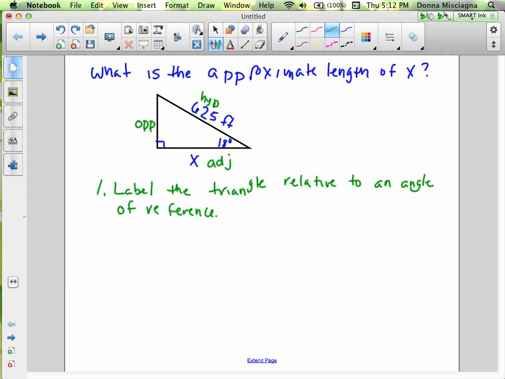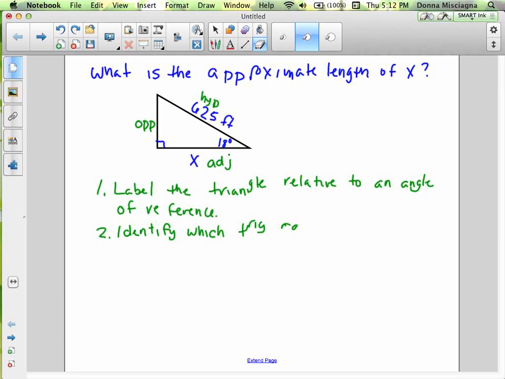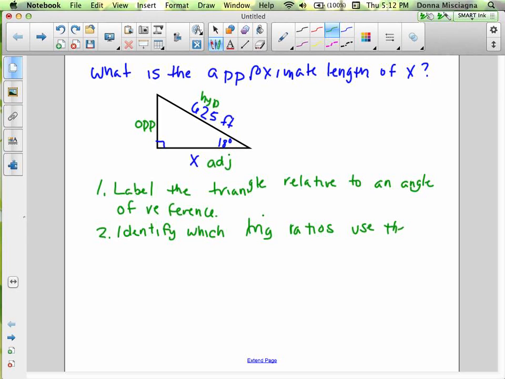All right, so we want to identify which trig ratios use the known and given sides.